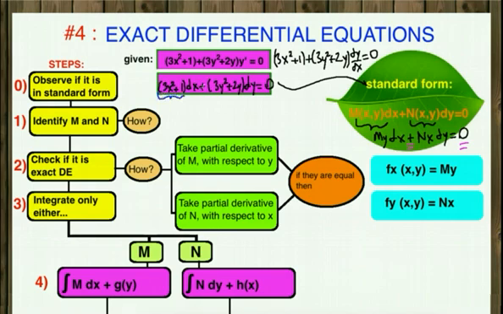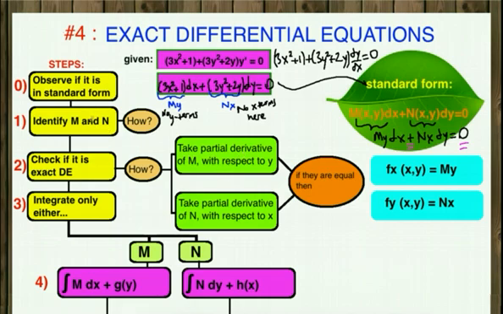The function with the dx part we call M, and the function with the dy part is called N. You can also sometimes see My and Nx, so either way, M and N. Now we know how to identify M and N. We don't have any y terms here, so this is our M, and no x terms here, so this is our N. The reason we call them My or Nx is that we take the partial derivative of this part with respect to y, and of that part with respect to x.